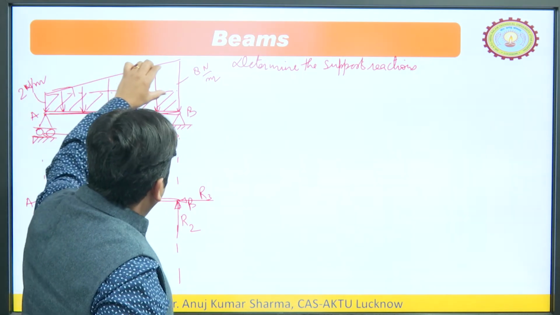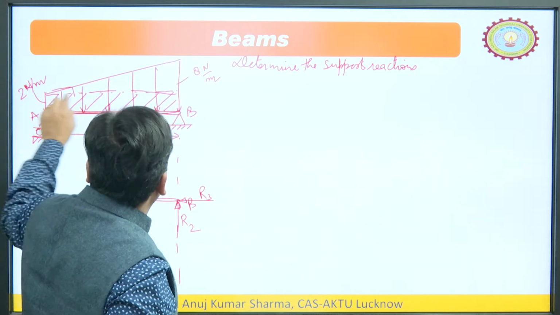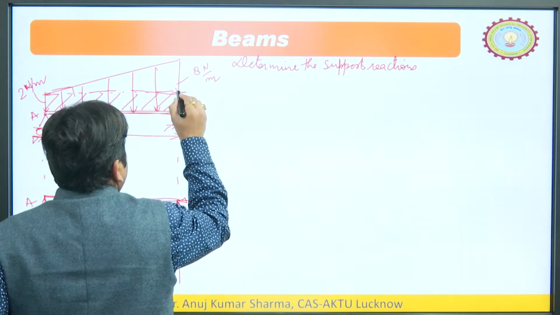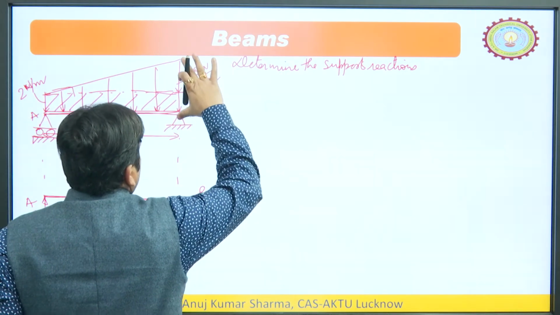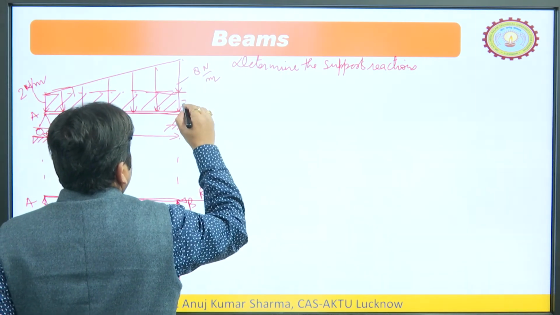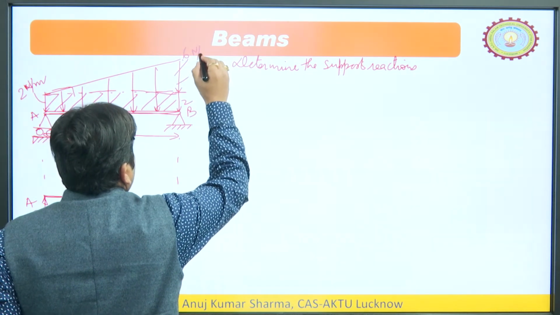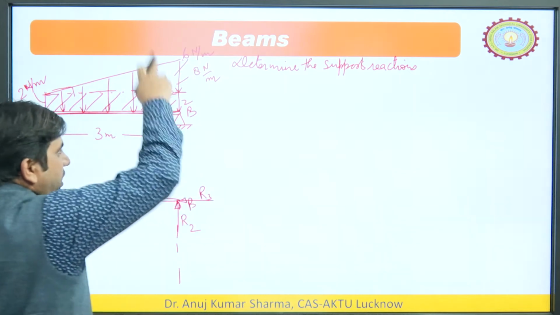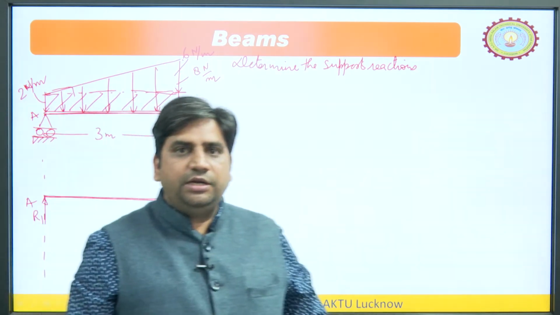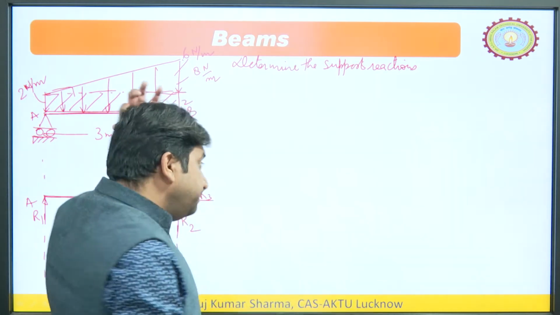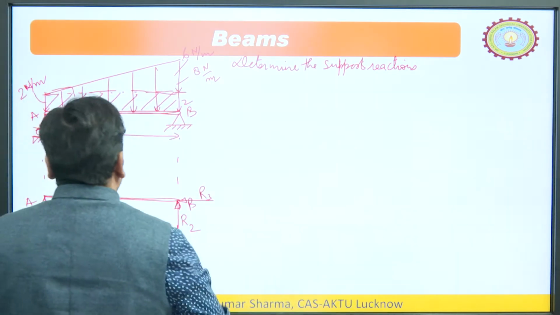Here you can see the intensity is varying, at this point it is 0, and at this point the intensity is total 8 minus 2, so it is 6 Newton per meter, keeping the total intensity constant at 8 Newton per meter. So, likewise we can divide it into two parts.